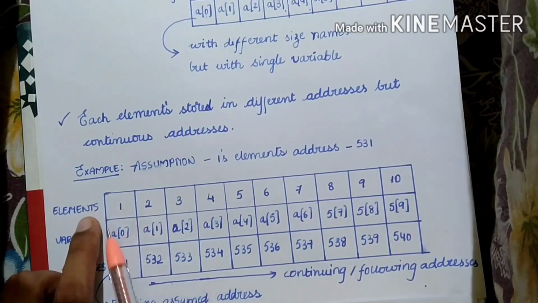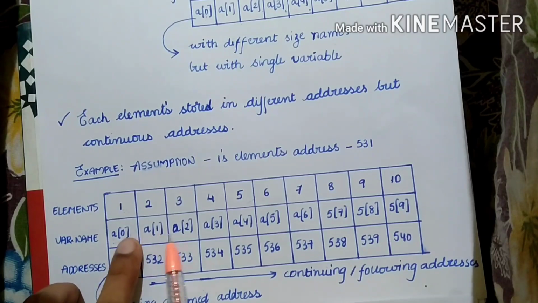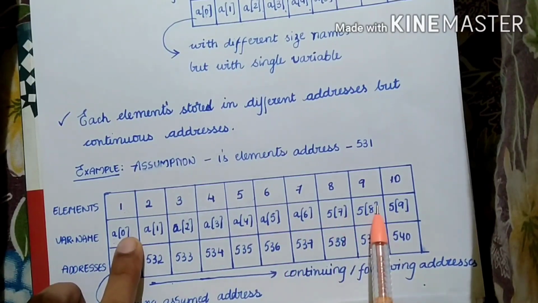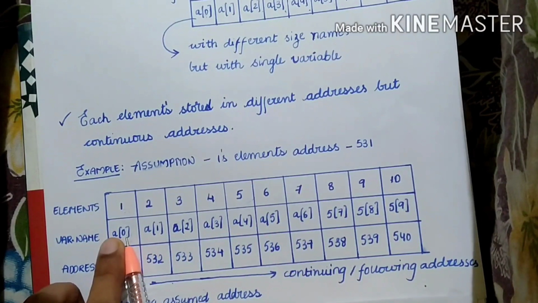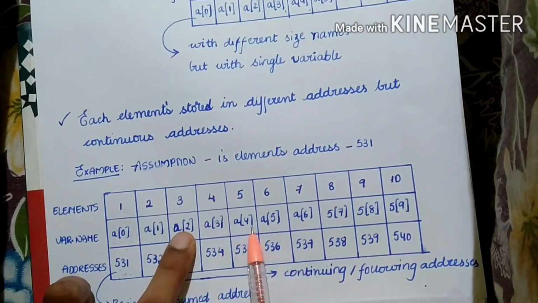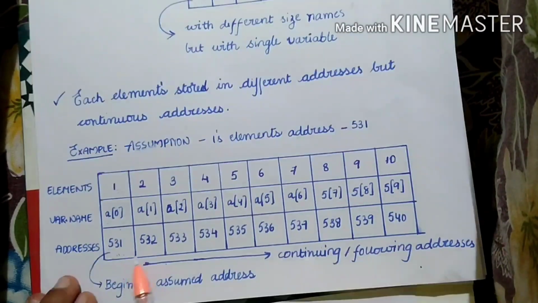And a[0] equal to 1 is stored at address 531, and the continuous increment of the numbers will be done. The internal indexes a[0], a[1], a[2] are the continuous increments. Similarly, addresses also get continuously increased.